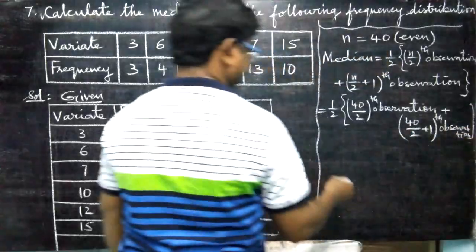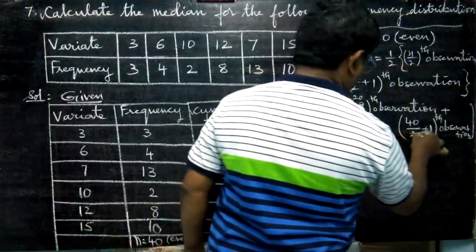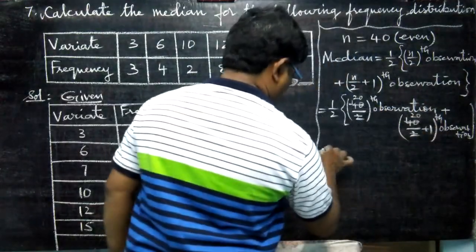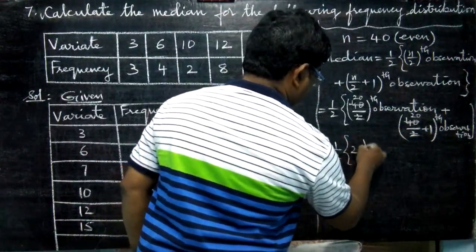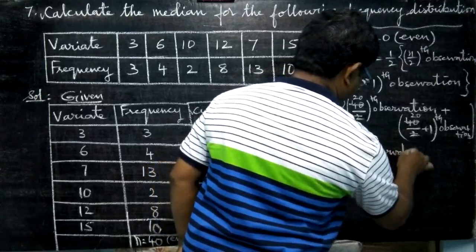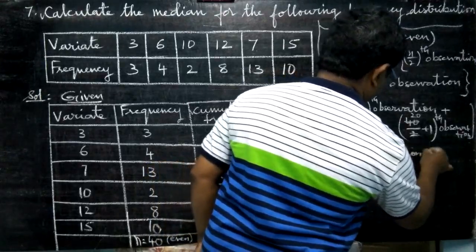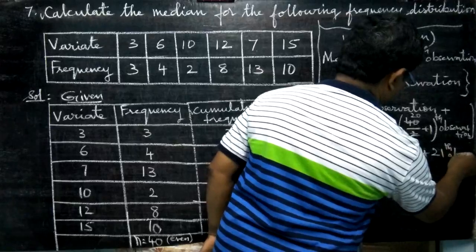Write completely. 2 goes in 40 20 times. Here also 2 goes 20. So half of the 20th observation plus the 21st observation.